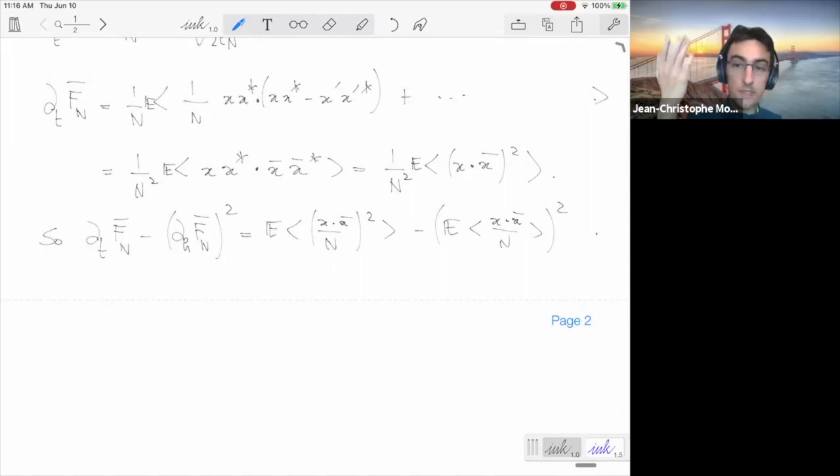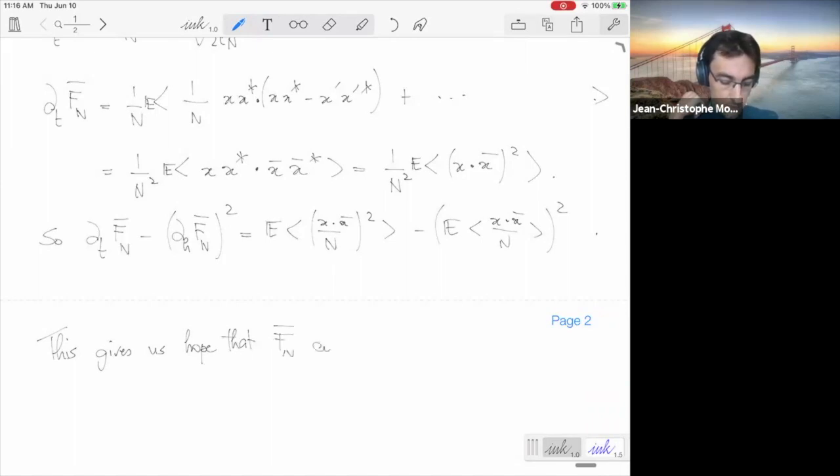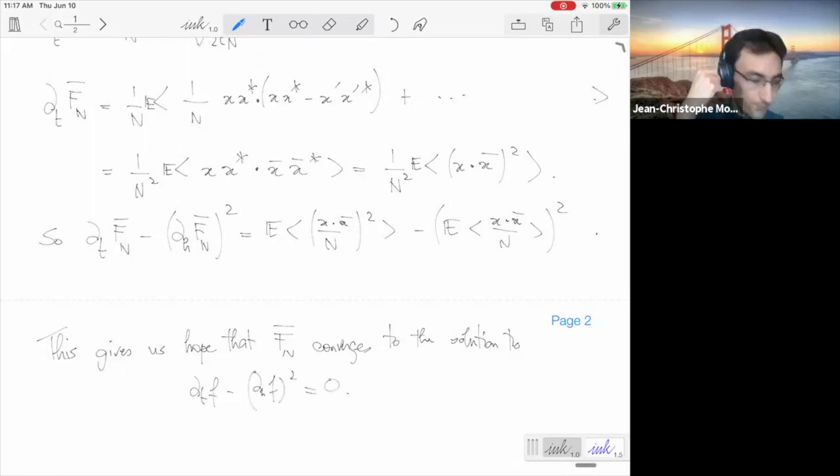Okay, so this gives us hope that, let me write this, fn converges to the solution to the following equation. Okay, and that's what we are going to justify indeed.